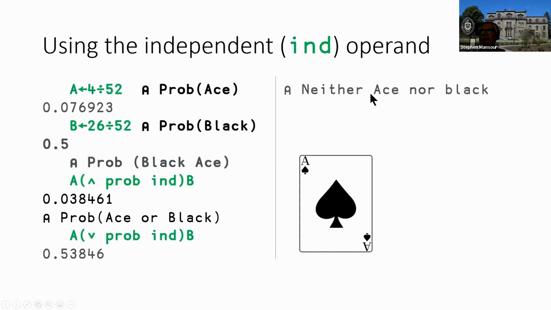What's the probability that the card is neither an ace nor black? Well, I can use any of the other operands like not or, and so on. So that's how that works.